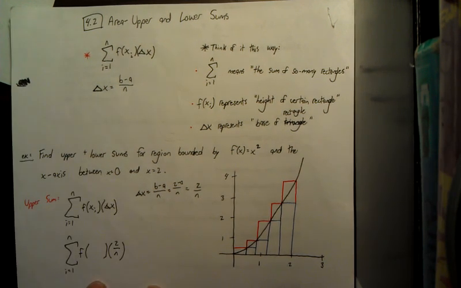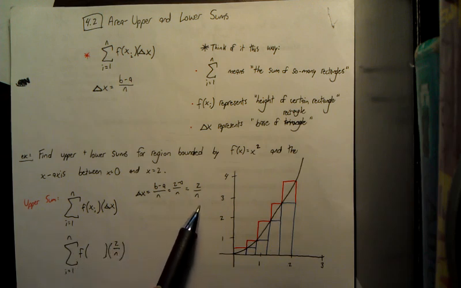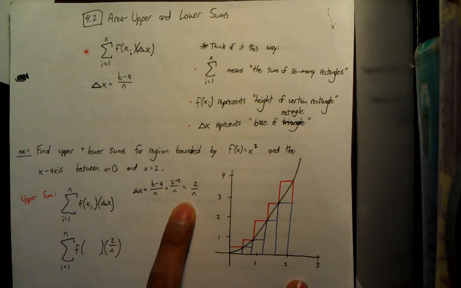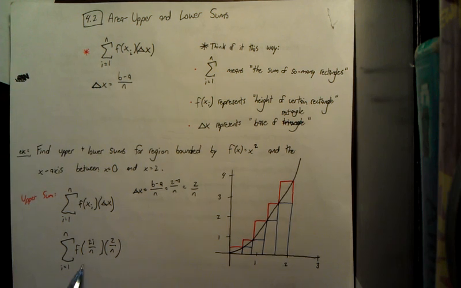So 2 over n. Now what we're going to do for what we'll be inputting into the function is take our change in x, because that represents the x value, and multiply it by i, because that i is going to represent which rectangle we're taking the height of.